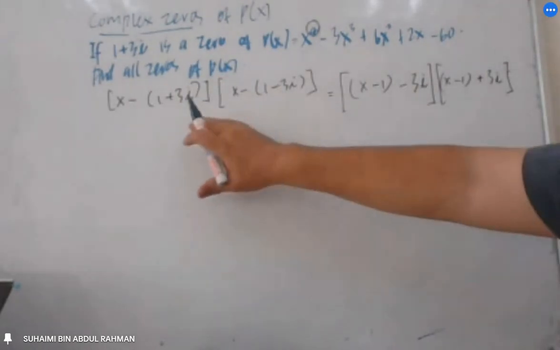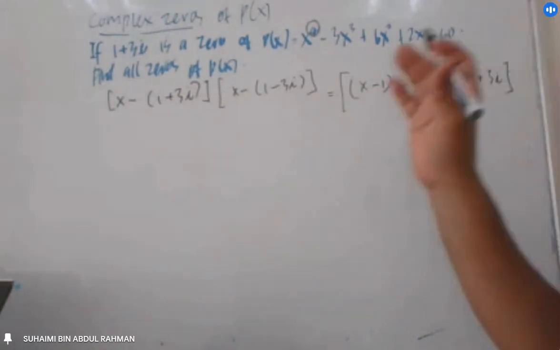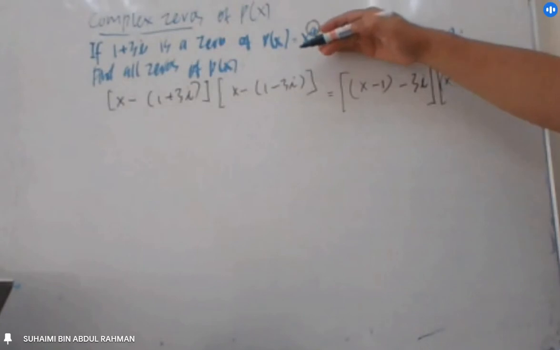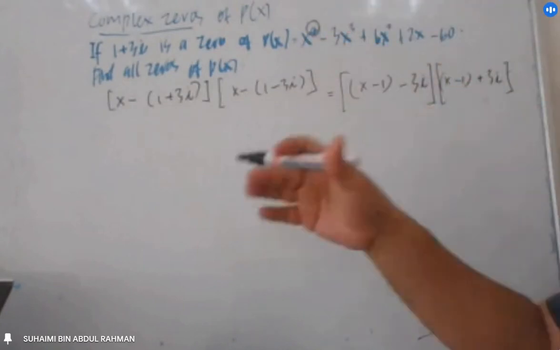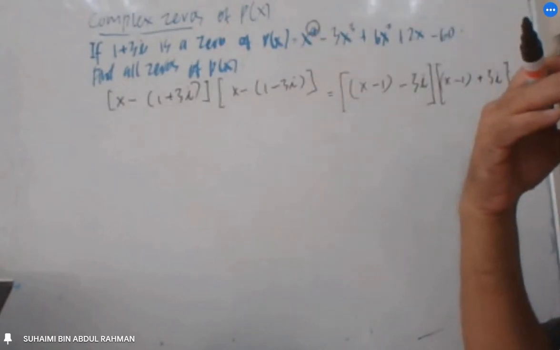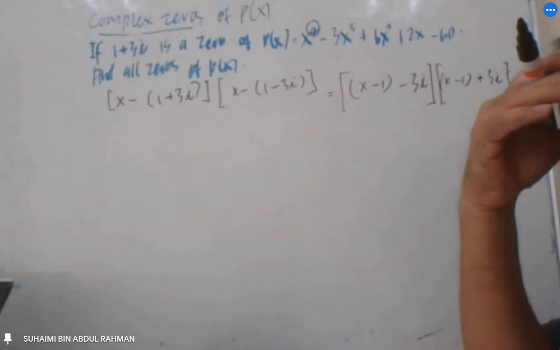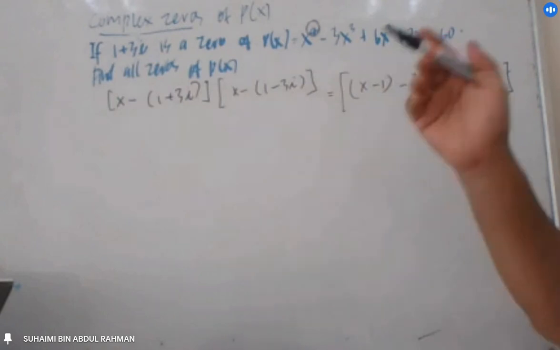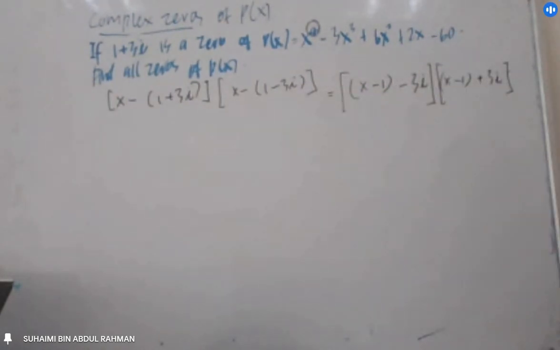Why do we need to expand this? Because we want to know what polynomial we want to divide by in order to find the remaining 2 zeros. You get it? We want to find two more zeros.